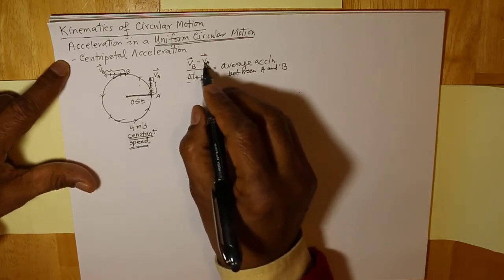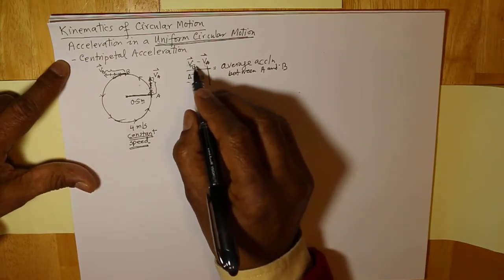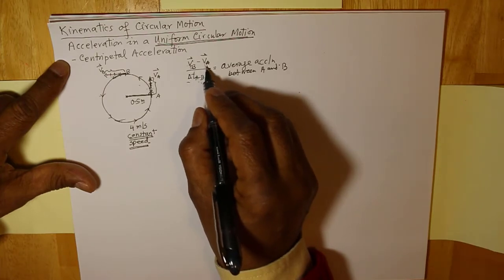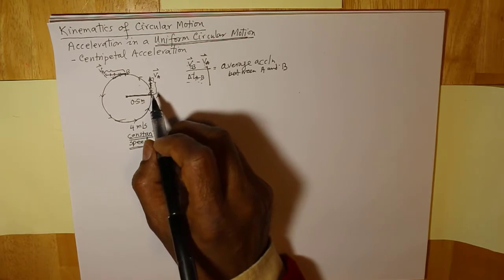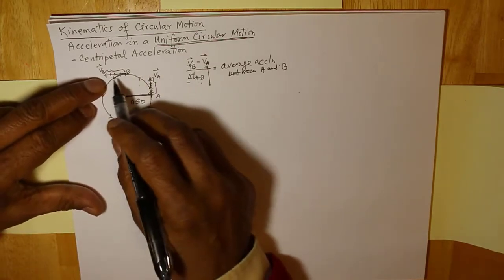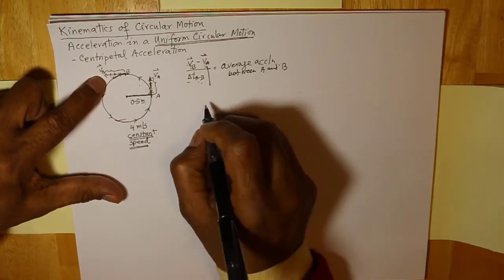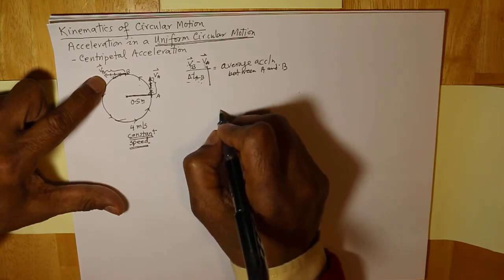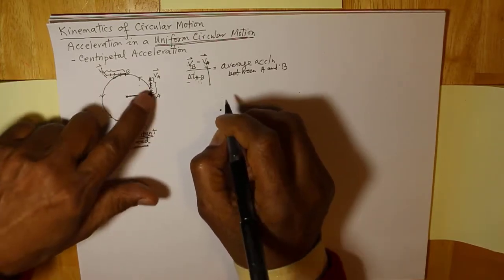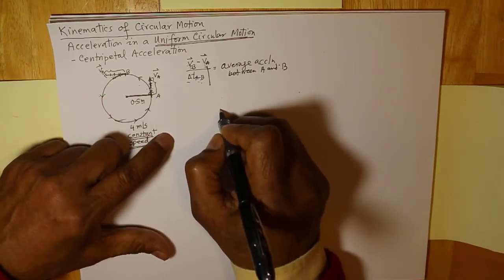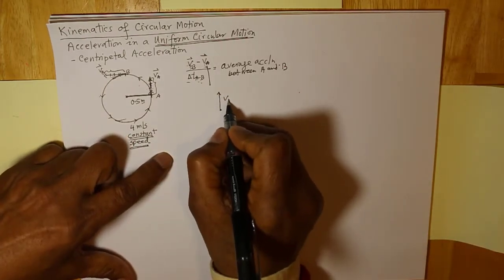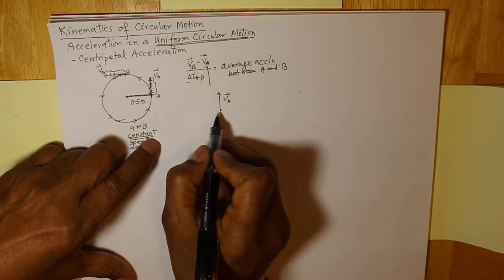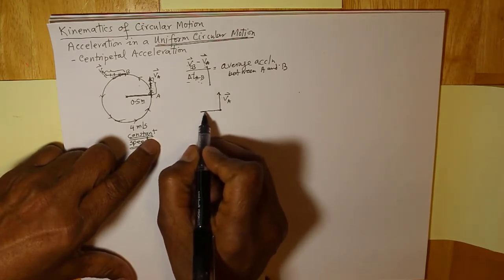You can use an arrow method for getting this difference. Even if you don't use the analytic method with x and y components, you can do it this way. You can have both arrows A and B come out of the same point. VA comes out like that, and VB comes out like this, same size.